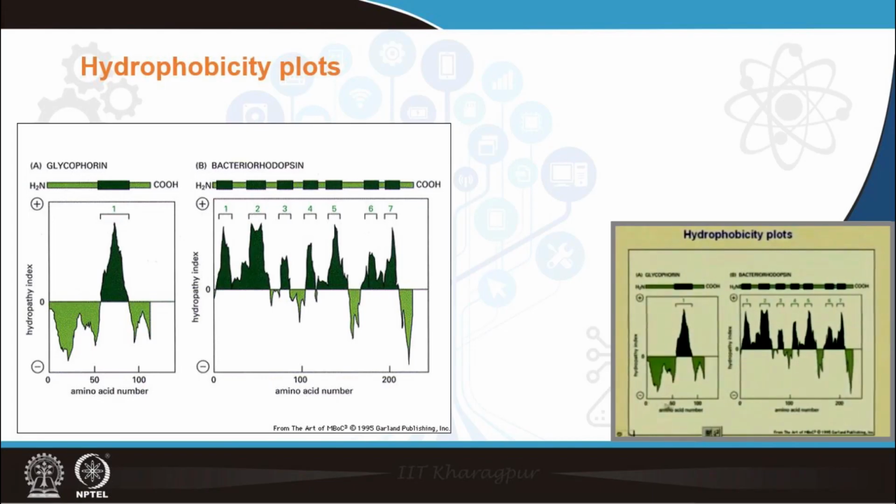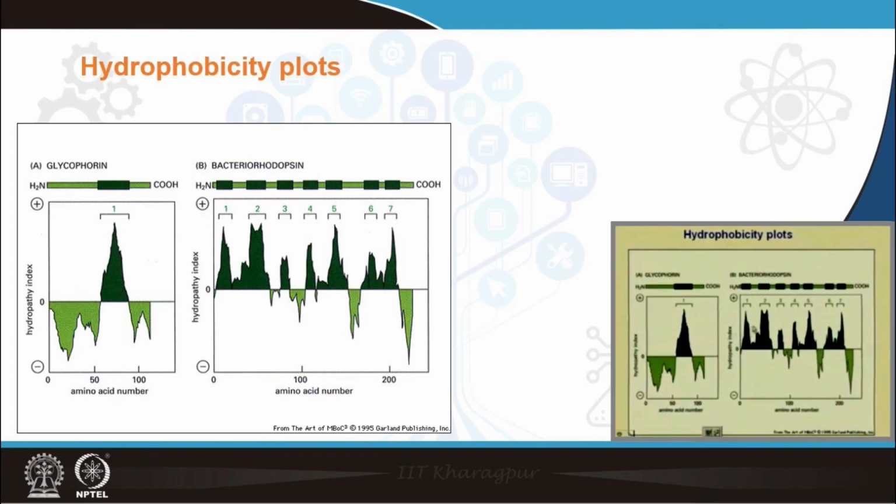We have the specific amino acid number along the x axis. In this case, what we see is that there is one transmembrane segment. The single transmembrane segment is determined by the positive hydropathy index in this hydrophobicity plot.